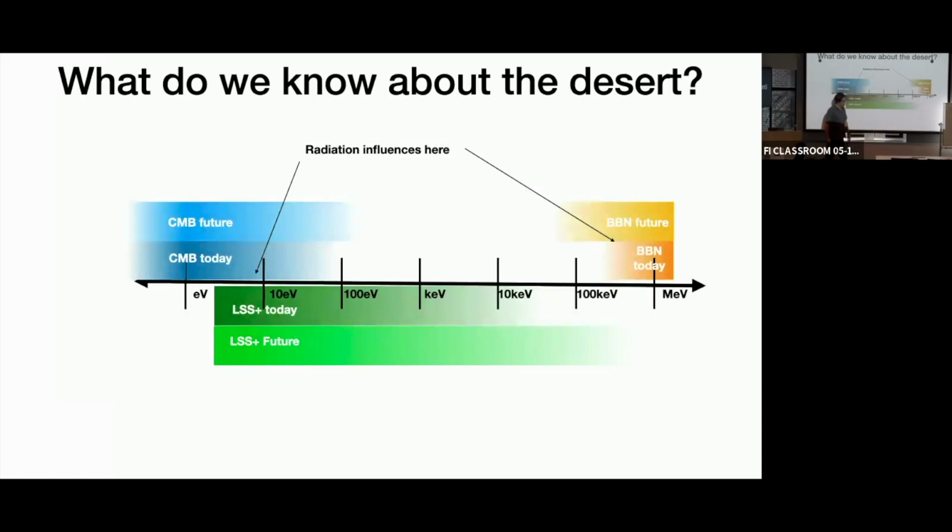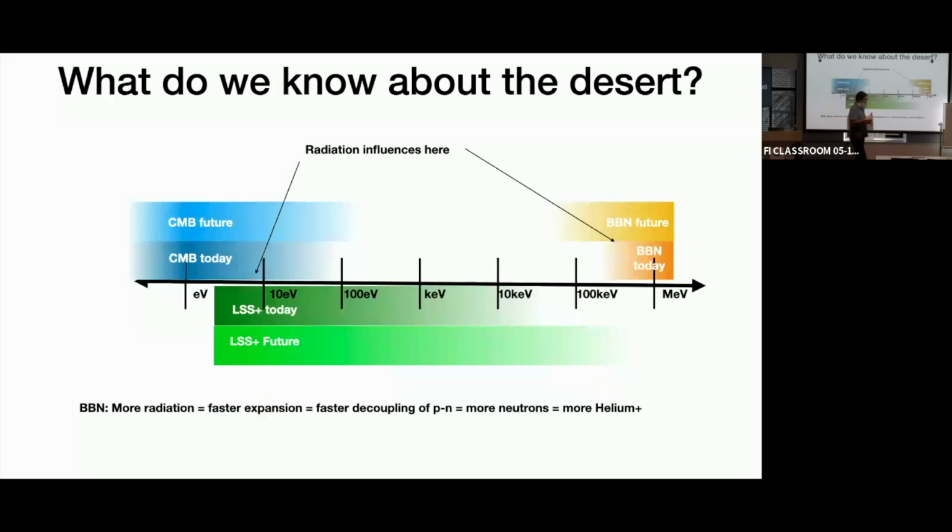In terms of influencing BBN, Big Bang nucleosynthesis, it has a sort of roundabout way of doing this. If you have delta N effective, that means you have more stuff. More stuff means Hubble is larger. Larger Hubble means the universe is expanding faster, which means things kind of happen faster. And in particular, protons and neutrons decouple from each other faster, which leads to more neutrons, which leads to more helium.